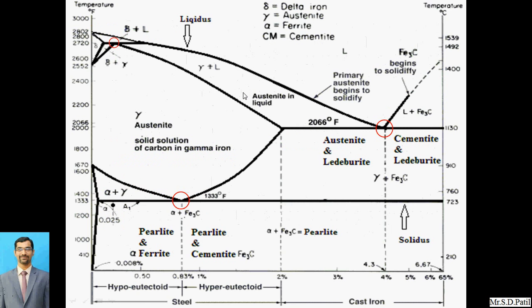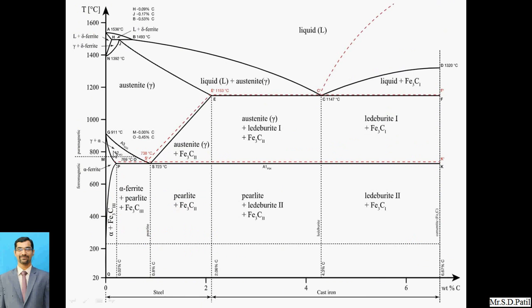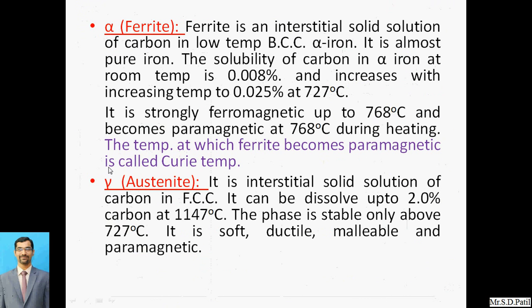So we have seen here the alpha ferrite. It is just an interstitial solid solution present at very low temperature, of BCC alpha iron. So it is almost pure iron. Basically the alpha ferrite is essentially pure iron.